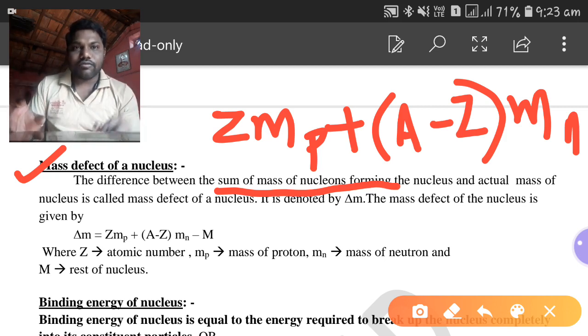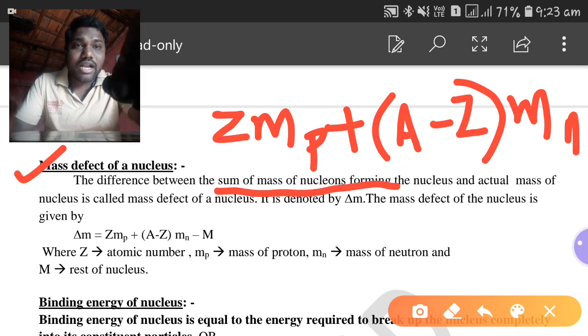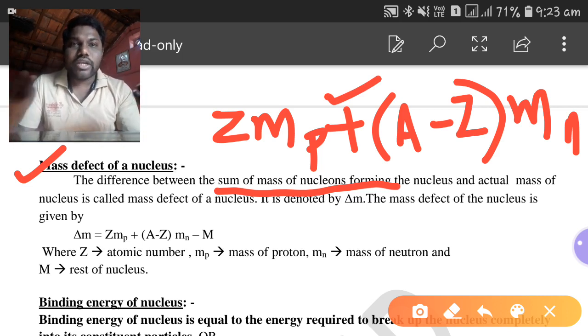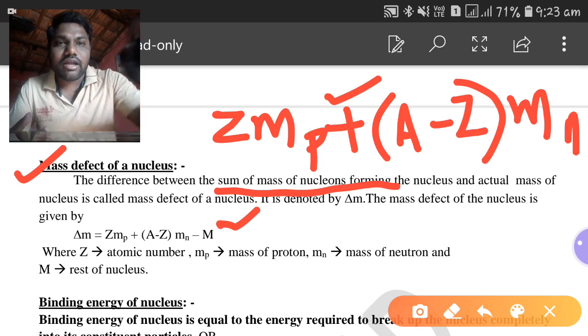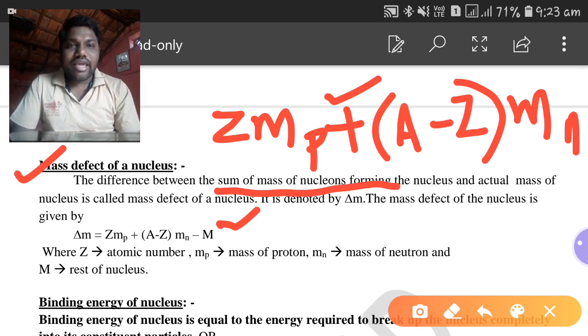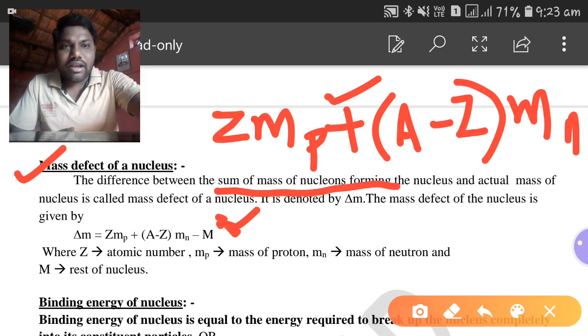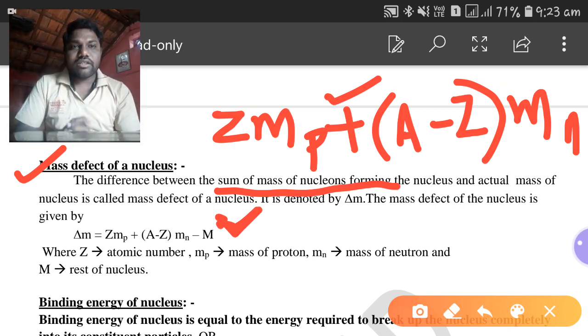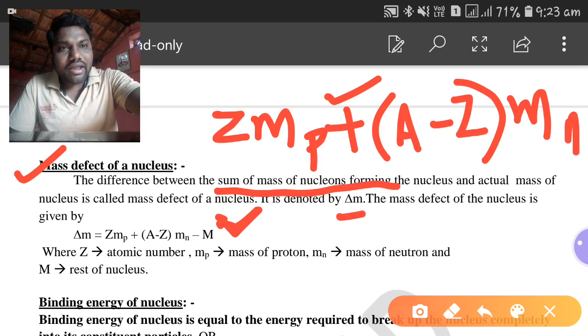The sum of masses of the nucleons is given by ZMp plus (A minus Z) Mn, and the actual mass of the nucleus is represented by capital M.